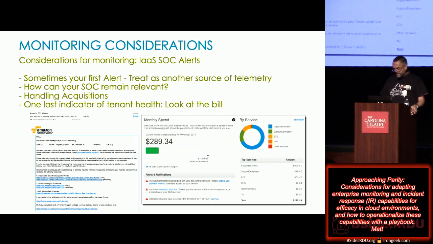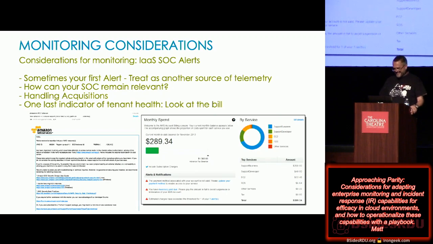But I will say that until you've deployed your monitoring solution, these alerts can be used as another layer of telemetry. In either case, be prepared because the SOC will contact you, and you, at a minimum, need to have some response capability. And then one last consideration is the bill.